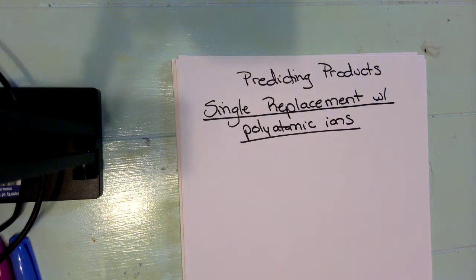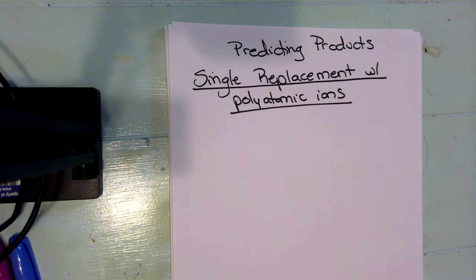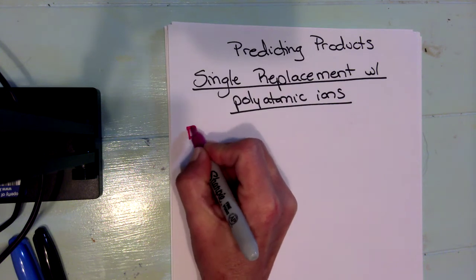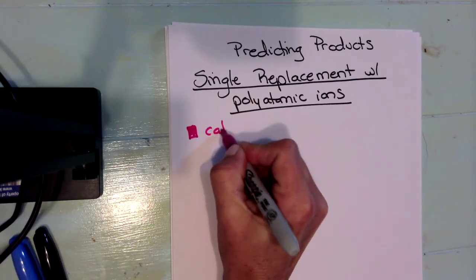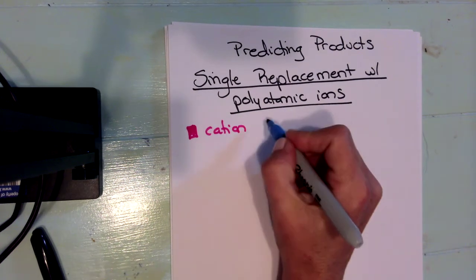Let's talk about single replacement predictions for elements or compounds with polyatomic ions. For this example, let's assume again that our pink are going to be our cations and our blue are our anions.